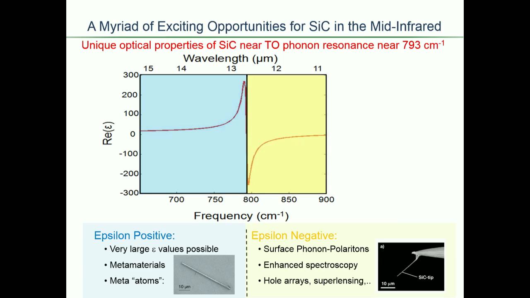Or in the blue part of this frequency diagram, you can get very high epsilons of a couple hundred. So high-index structures that can exhibit these resonances. And these can be exhibited by the whiskers that are shown here in the bottom left, SEM.